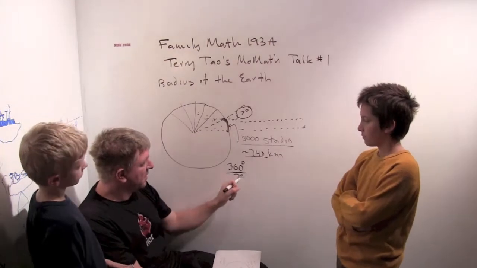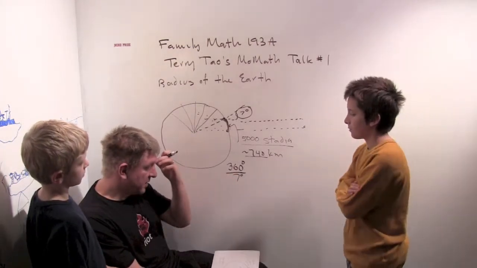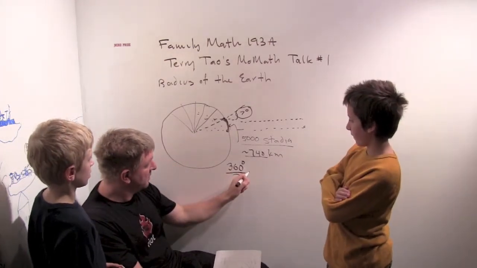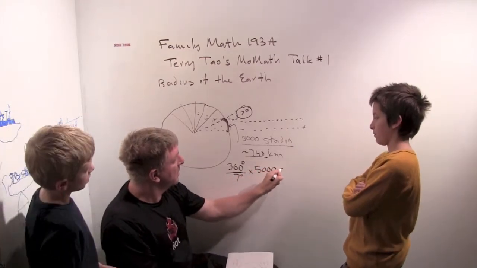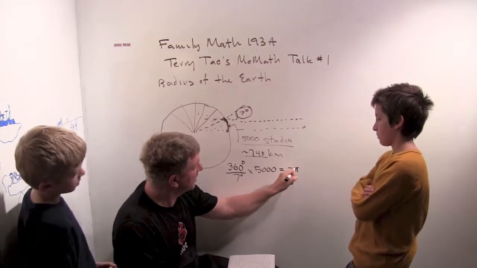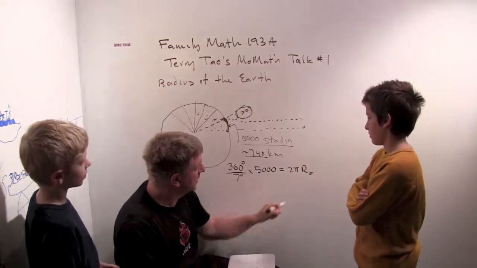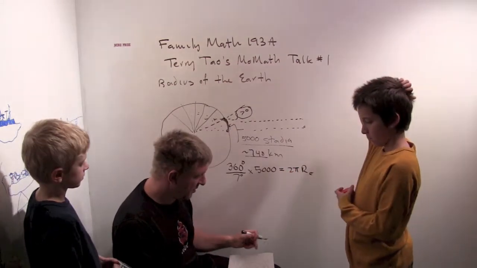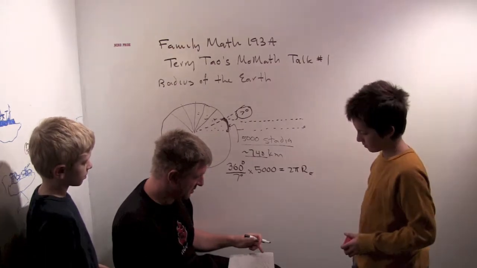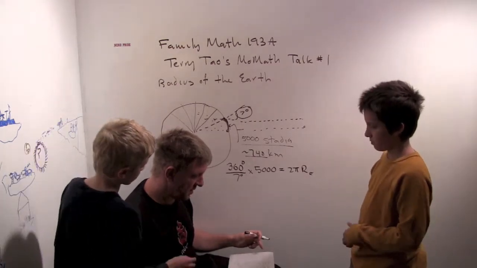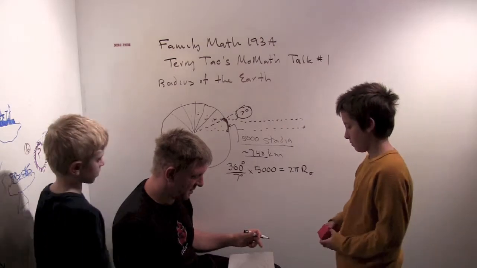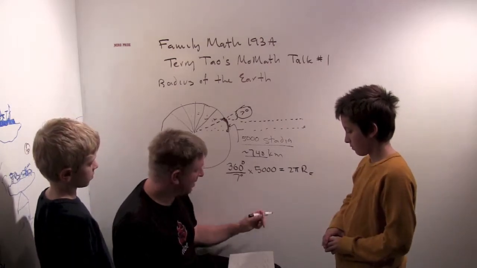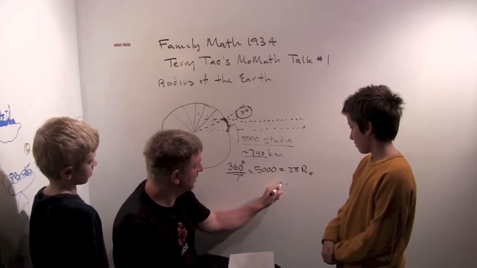And then what do we have to do with that? Then we have to multiply it by 5,000 stadia. And this should be 2 pi times the radius of the Earth. Cool. And then when you do that math, what did we get for that? Oh, it's about 40,000.